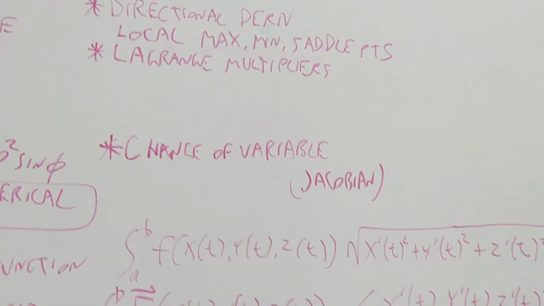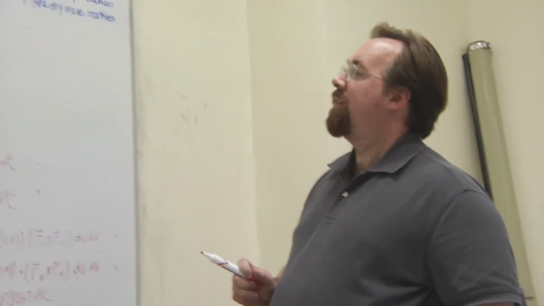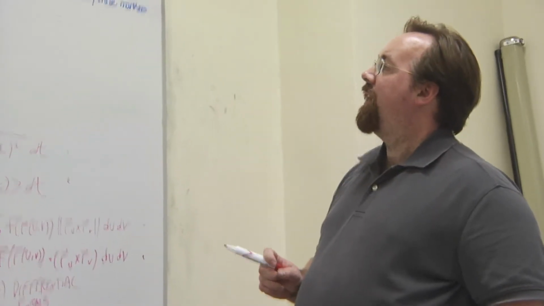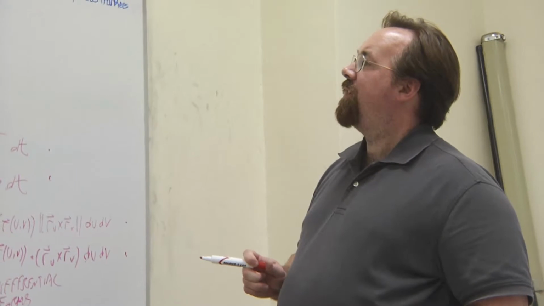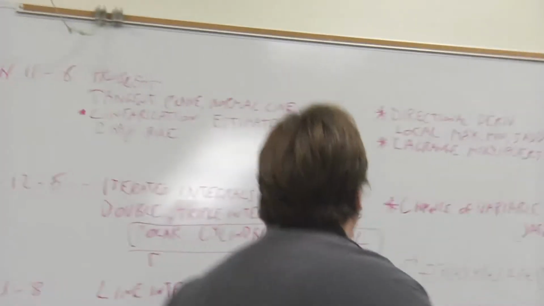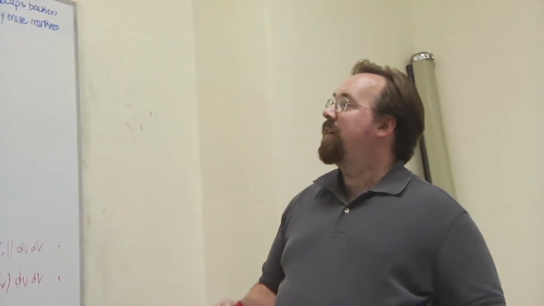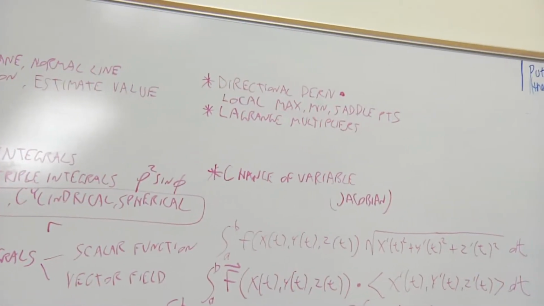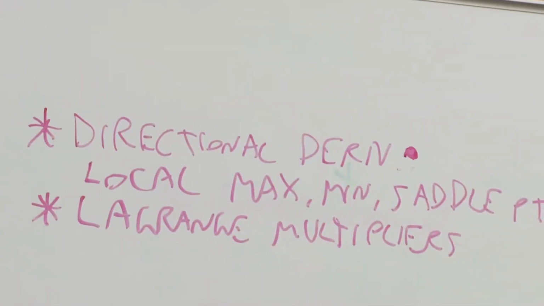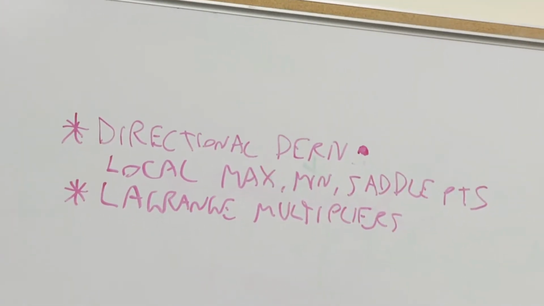And there are certain formulas, for instance, the linearization, directional derivative. I'll put those there, but for instance, for max-min problems, it's up to you to know how to classify max, min, saddle point.